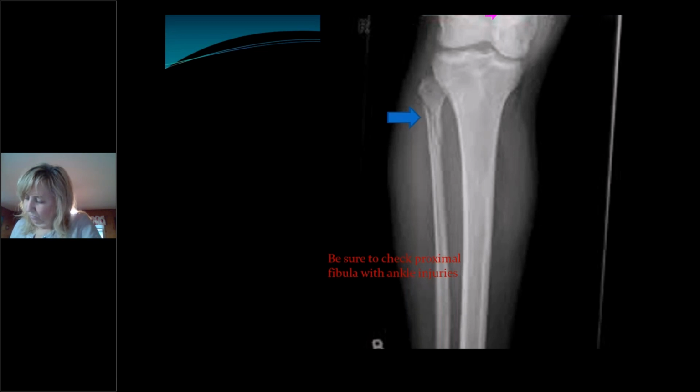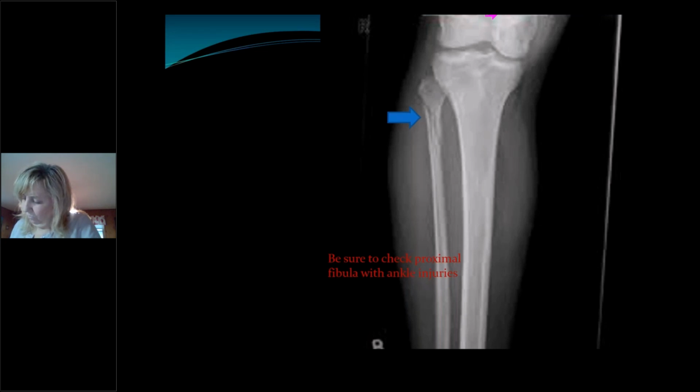Again, the second fracture. And I will preface that with, that was a long time ago. But nonetheless, if you're unsure and you're palpating that lateral part of the knee and the person has pain, just get a knee x-ray. You don't have to get a tib-fib, but a knee x-ray will tell you that because it's right next to the joint.